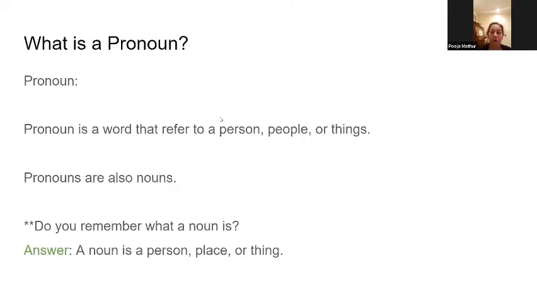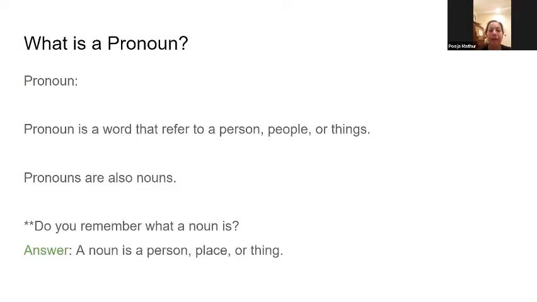You will remember last time we did pronouns and we did prepositions. A pronoun is a word that refers to a person, people or thing. Meaning, a pronoun is a word that refers to a person or a thing.